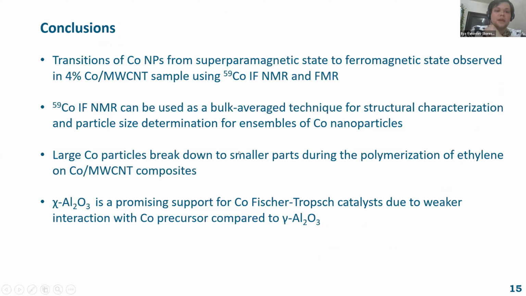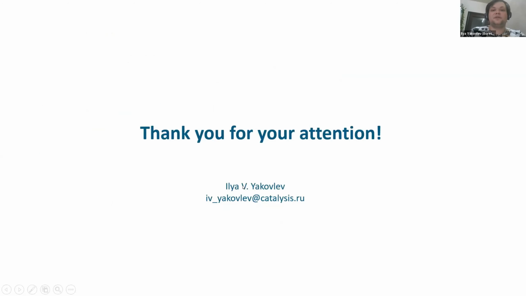We also can propose the theory that larger cobalt particles break down into smaller parts for cobalt carbon nanotube composites with high concentrations of cobalt. And it seems that K alumina may be a promising support for Fischer-Tropsch synthesis due to its weaker interaction with cobalt precursor. So thank you for your attention. I hope we still have some time for questions.